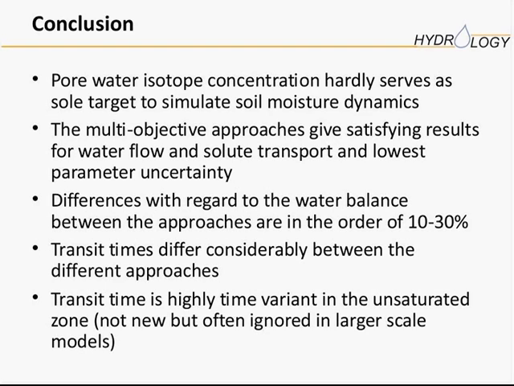Differences with regard to the water balance between the approaches are in the order of 10 to 30%. As I already mentioned, the transit times differ considerably between the different approaches, and the transit time is highly time variant in the unsaturated zone, but this is not new, though often still ignored in larger scale models or studies.